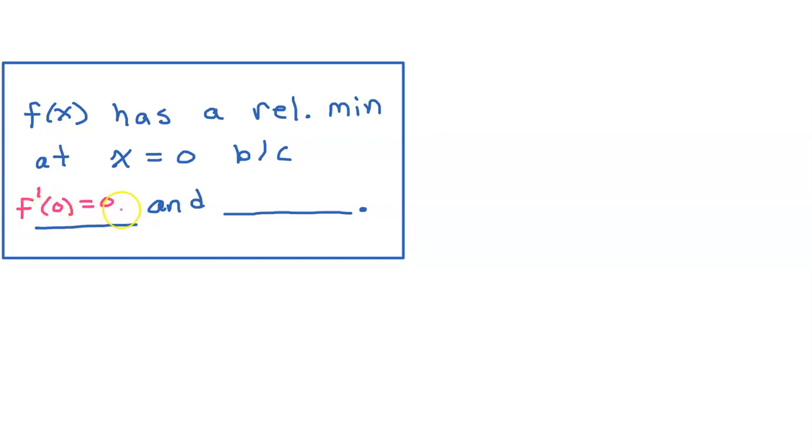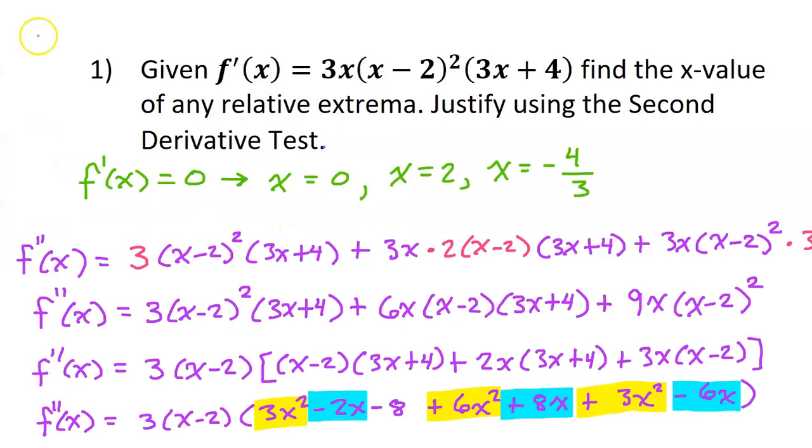The second part is where the second derivative comes in. So we found that f double prime at 0 was positive. So there is your second derivative test. We will do the same thing for the next value, x equals 2.